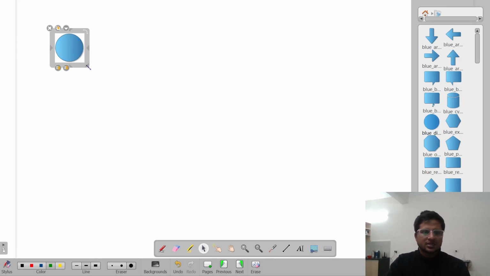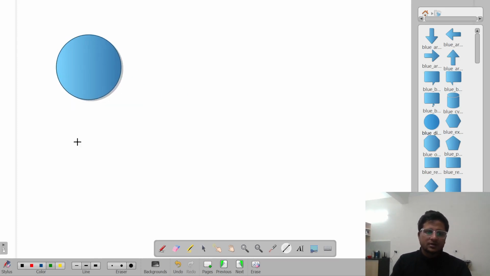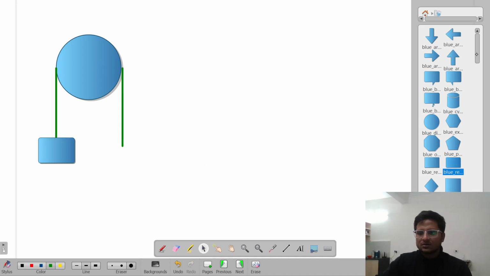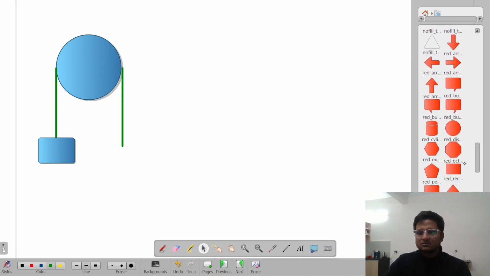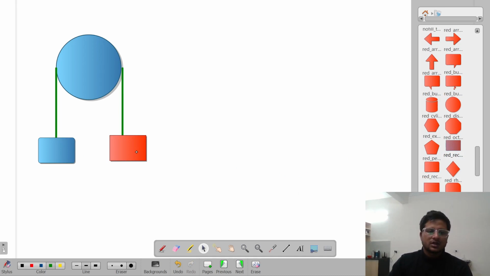So let us consider that I have a pulley which is attached with the two threads, and with this I attach two blocks. Is that clear or not? I attach two blocks over here with these threads.